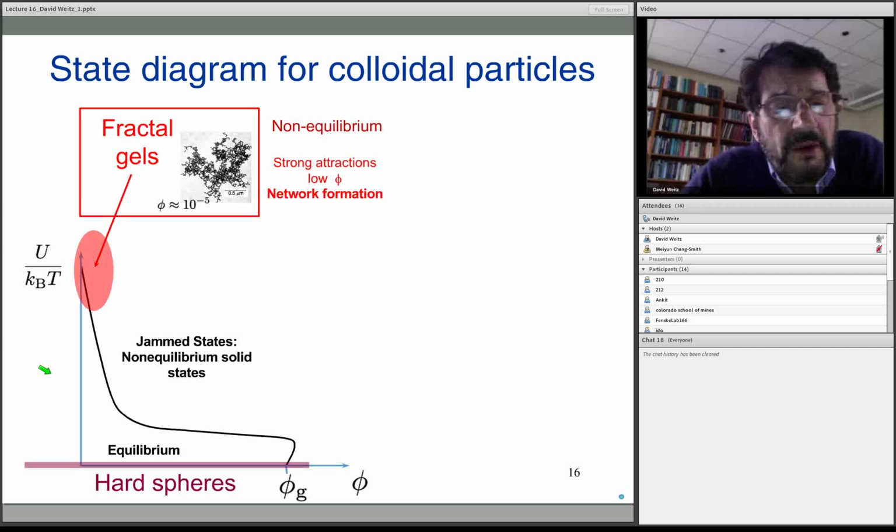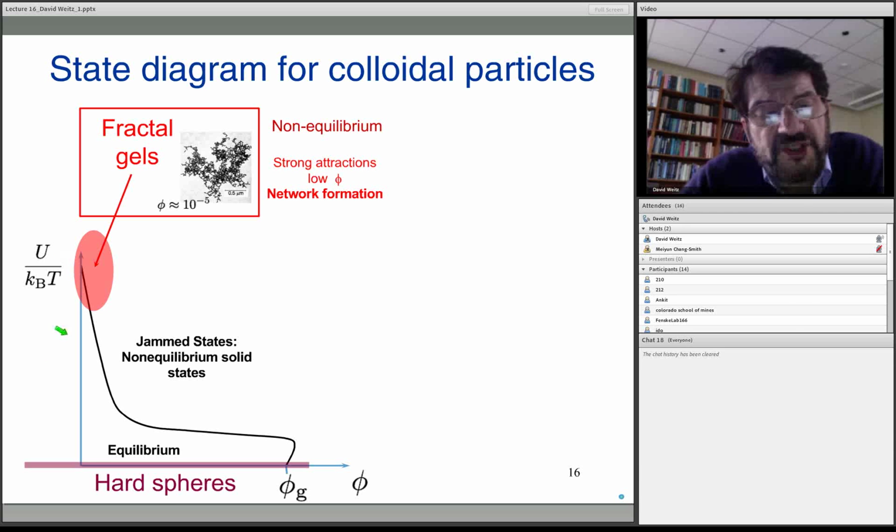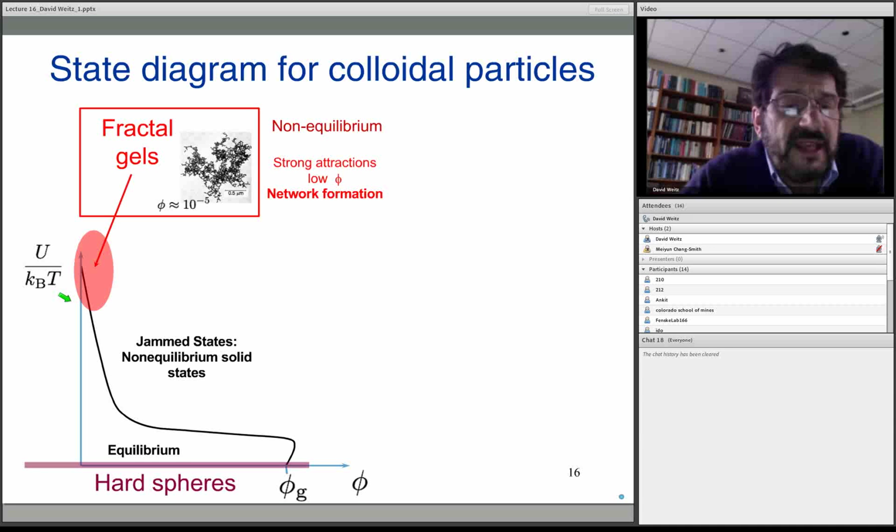The thing that we've already discussed is what happens when the attractive interaction is very large compared to kT, and the volume fraction is in fact very small. That's the case of colloidal aggregation. So here, in this small region up here, the volume fraction is low and the attraction is very, very large.